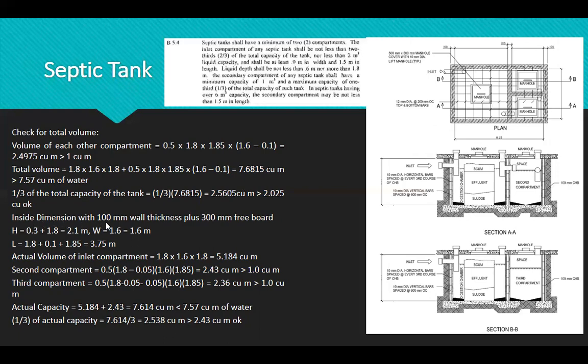Inside dimension with 100 mm wall thickness plus 300 mm freeboard. H is 0.3 plus 1.8 is 2.1. Width is 1.6 meter. Length is 1.8 plus 0.1 plus 1.85 is 3.75.